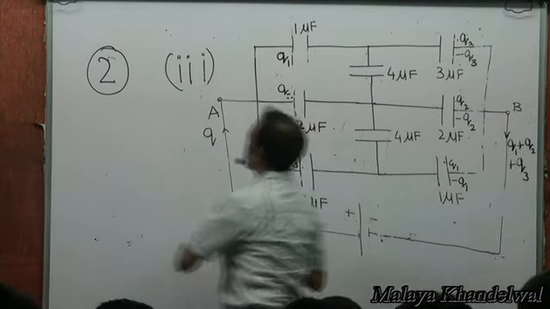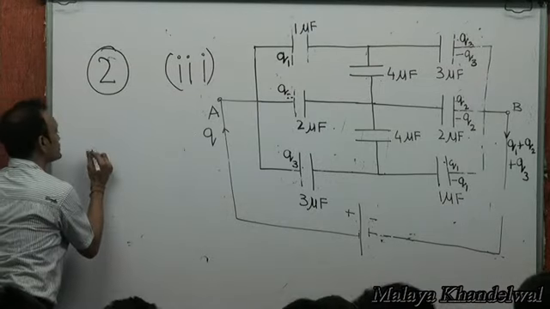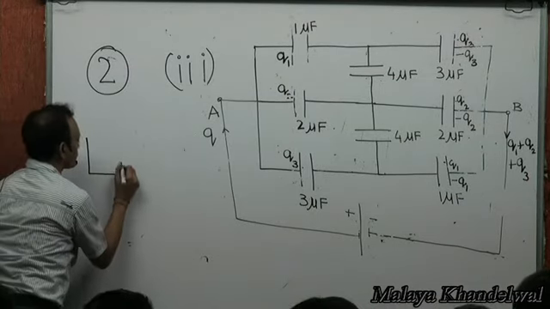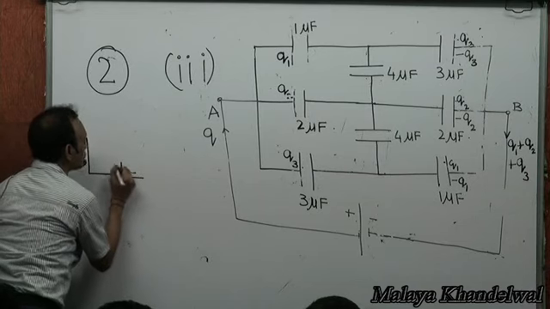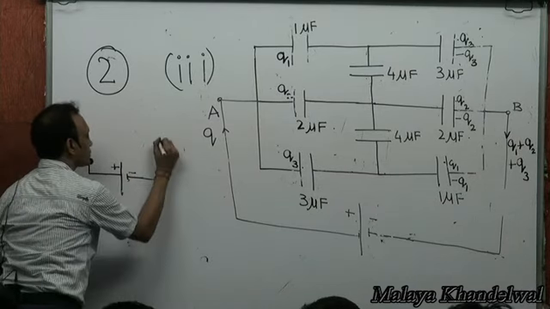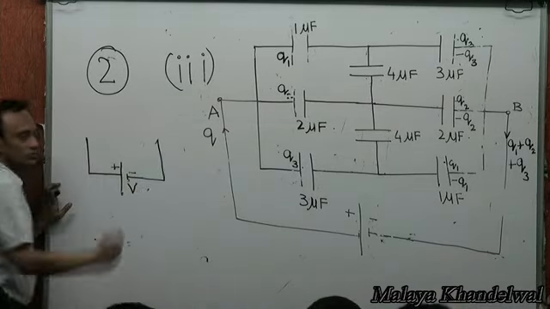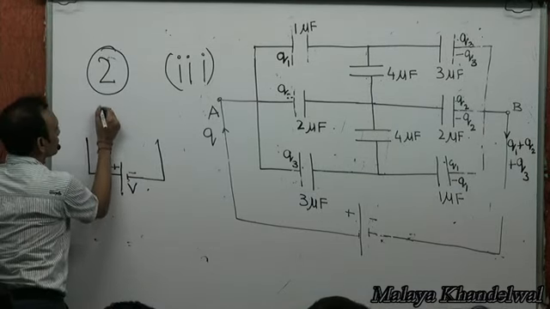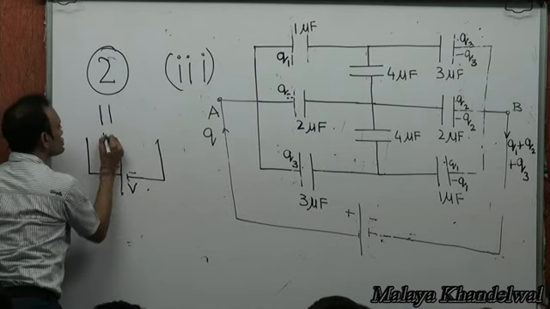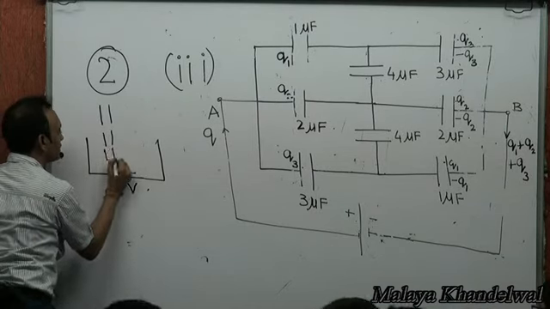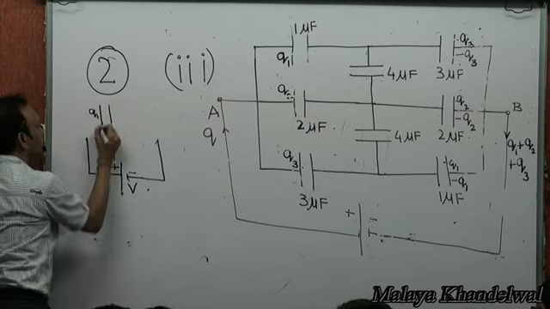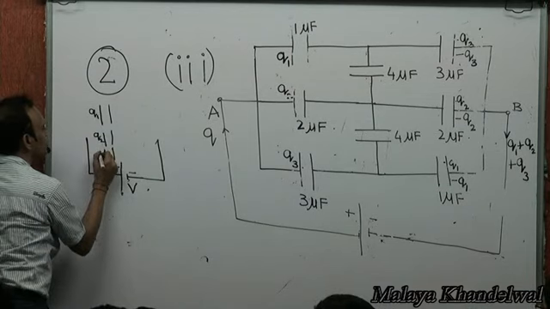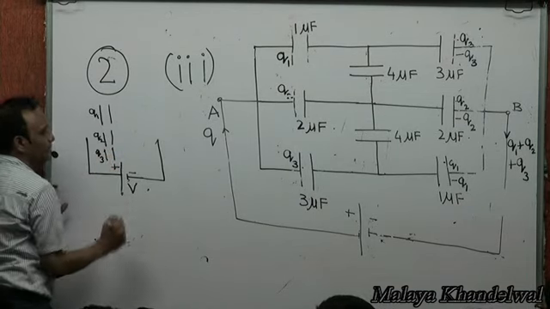See, there are two circuits. Listen to me carefully. This is the battery with polarities like this. This is V volts, right? What that has resulted in is this 1 microfarad, this 2 microfarad, and this 3 microfarad having Q1, Q2, and Q3. All right.